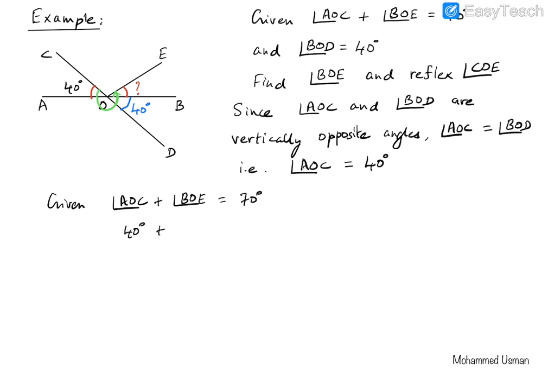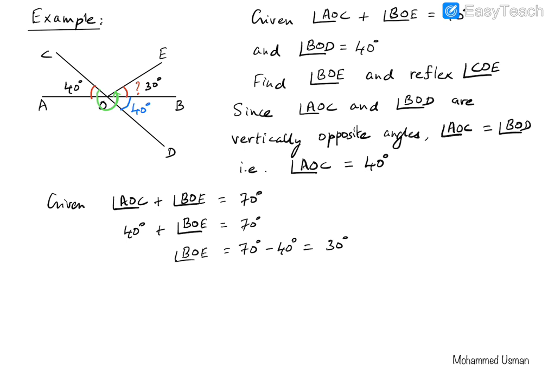So 40 degrees plus angle BOE equals 70 degrees. So that means angle BOE must be equal to 70 degrees minus 40 degrees, which is equal to 30 degrees. So we'll have angle BOE to be equal to 30 degrees.